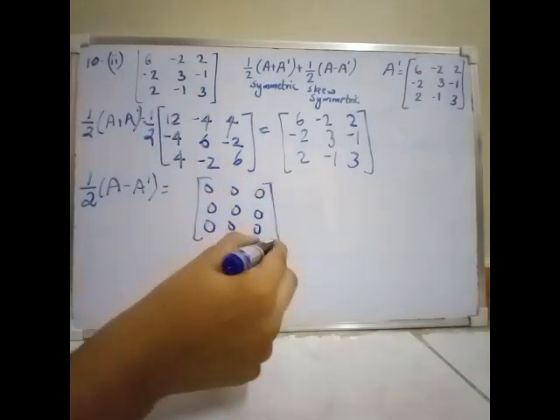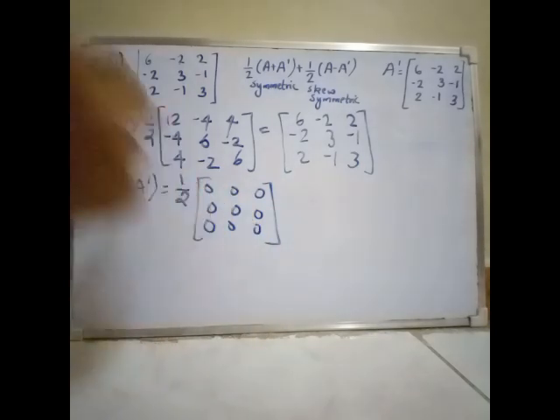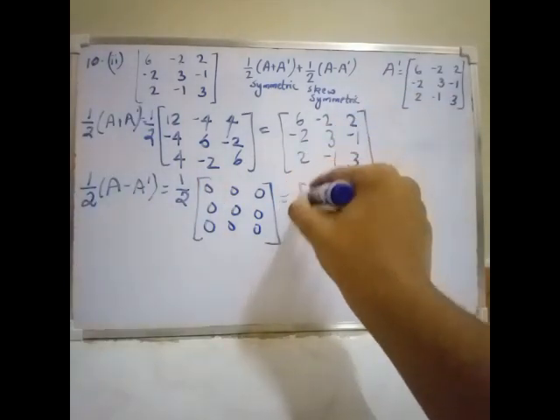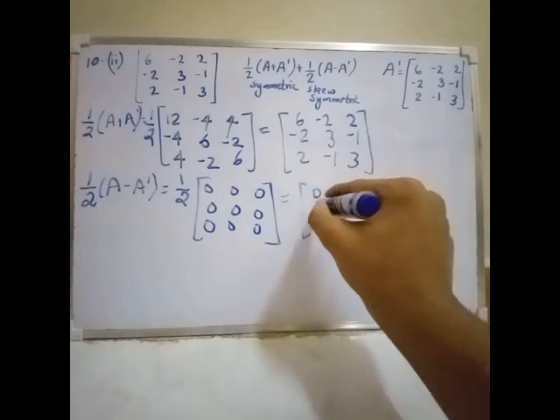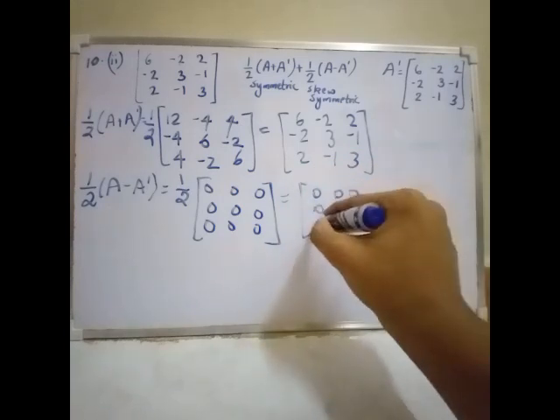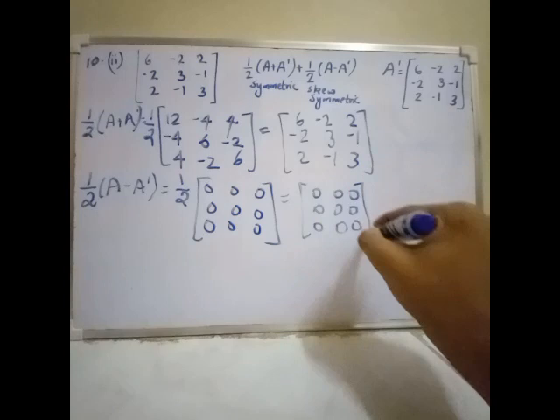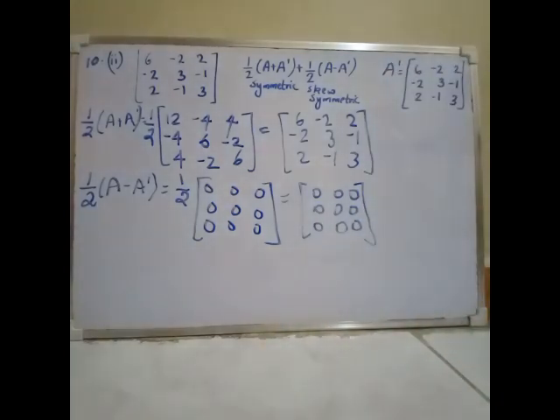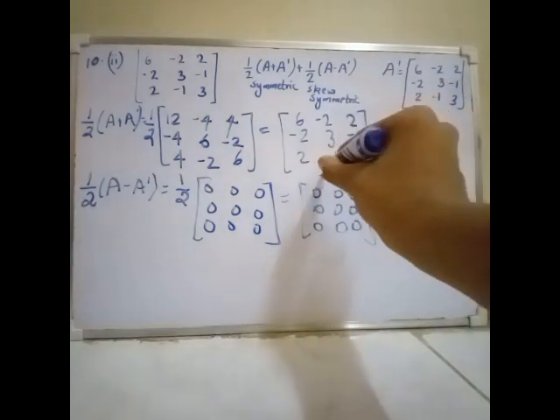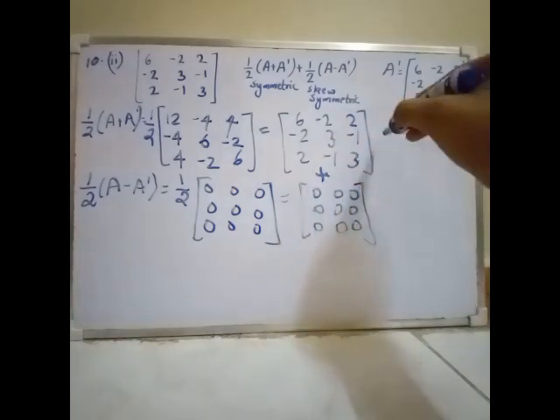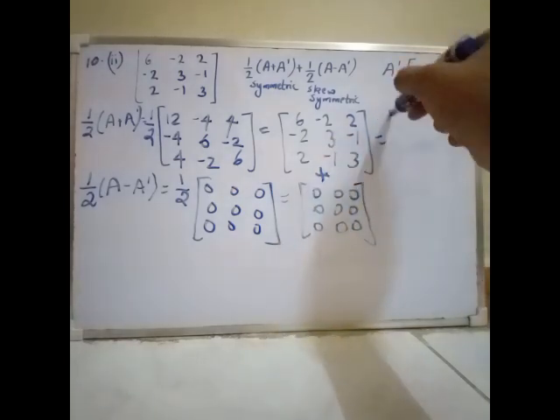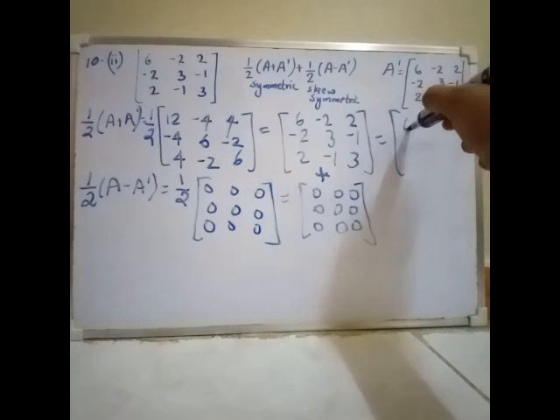Now with this, it is a 0 matrix, multiply by half, you'll get again the same matrix, right? So the skew symmetric part is a 0 matrix, whereas this is the matrix itself. So if you add both these matrices together, you'll get the same matrix, because anything added with 0 would be the same, right?